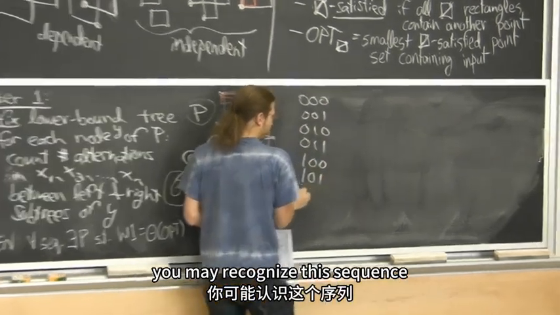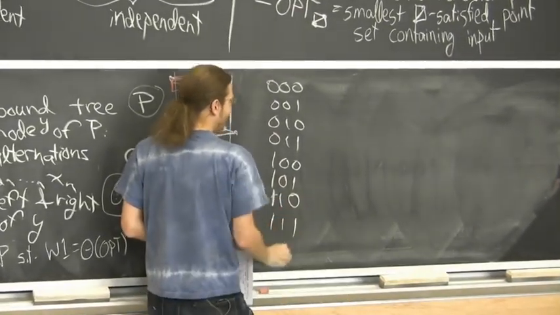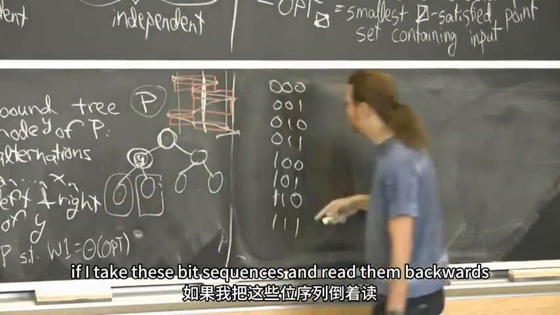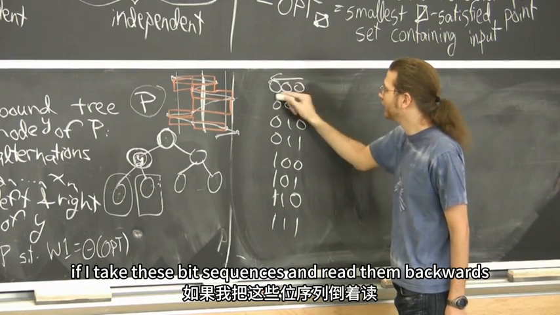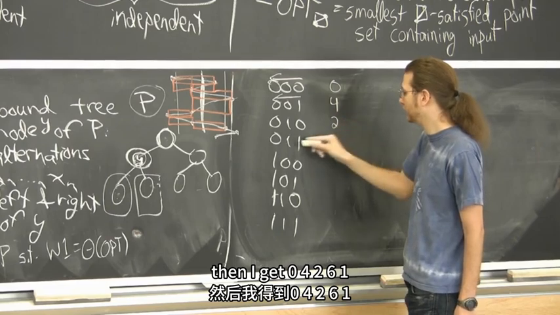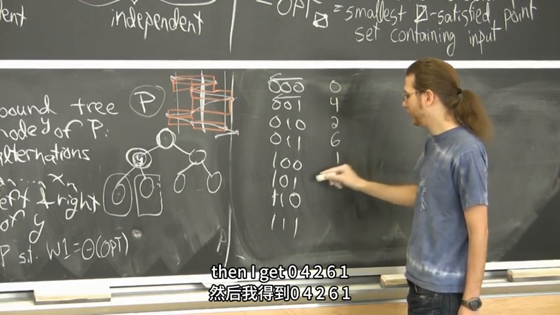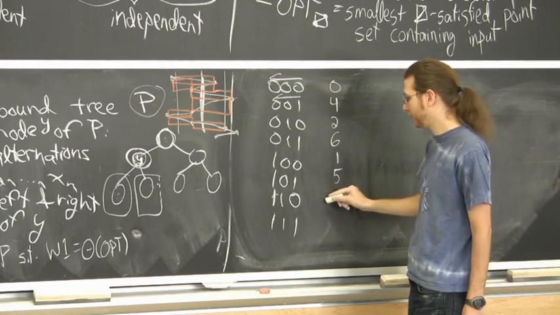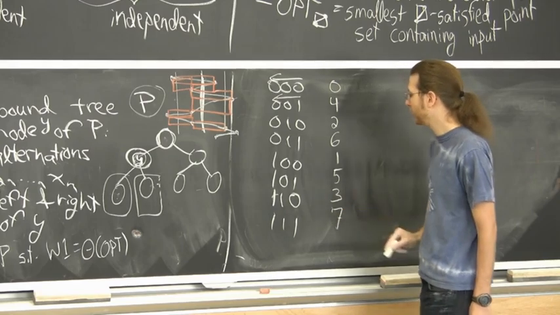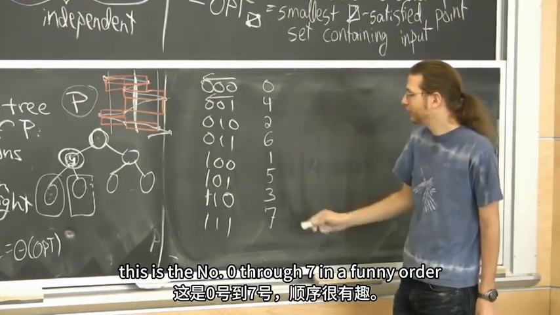You may recognize this sequence. This would be in-order traversal in binary. But if I take these bit sequences and read them backwards, then I get 0, 4, 2, 6, 1, 5, 3, 7. This is the numbers 0 through 7 in a funny order.